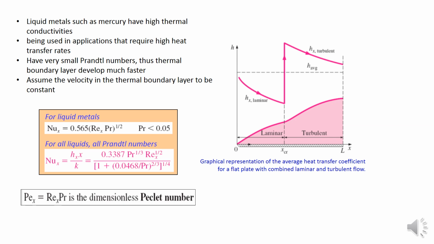For all liquids, the Nusselt number is equal to Hx, where x is the distance, divided by k, which is written in pink in the equation. I put a note down there where Pe, the Peclet number, is equal to the Reynolds number times the Prandtl number, and it is a dimensionless parameter.